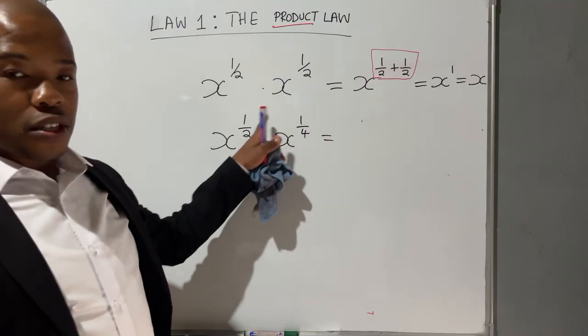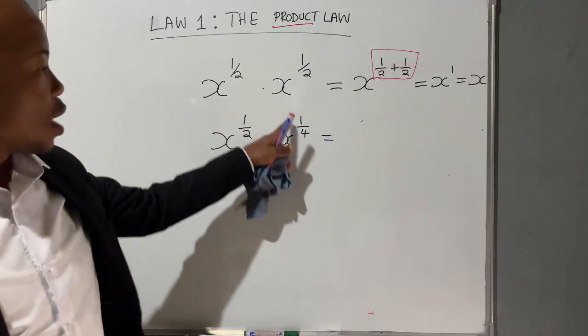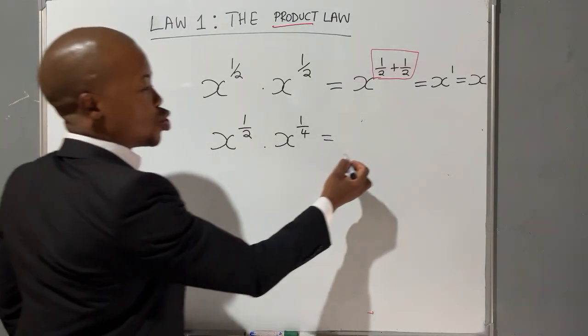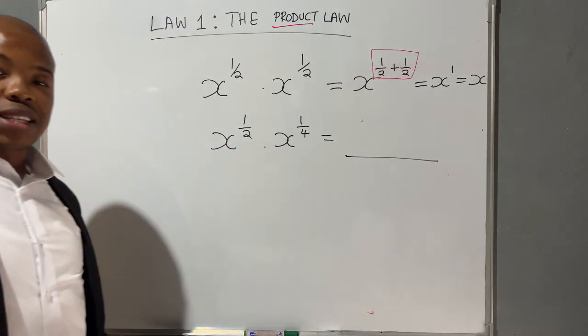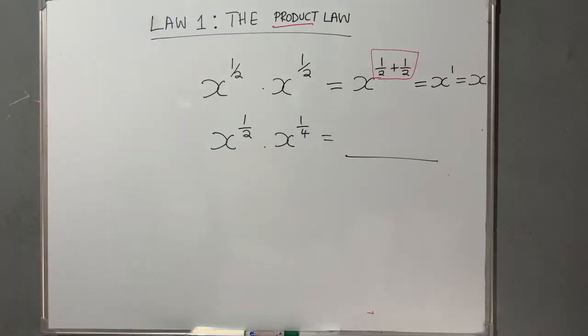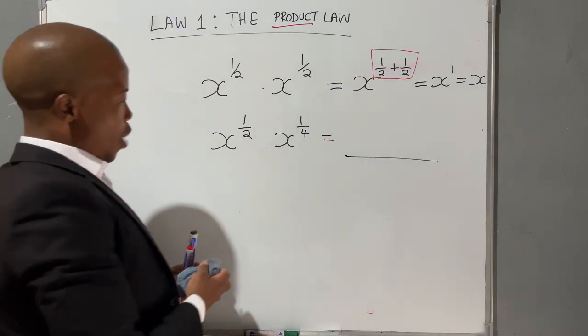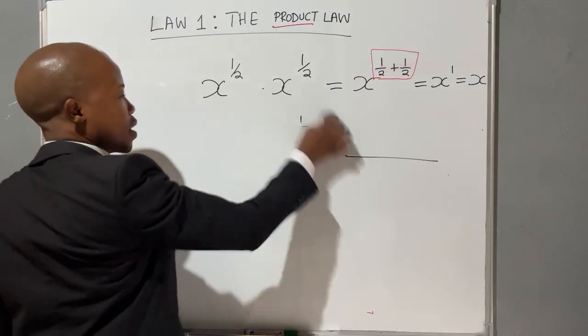You keep one base and then add your exponents. Do this one and give me the answer in the comments. I just want to see what you got for this one, right? Now, let me give you a question, and I want you to see something, right?